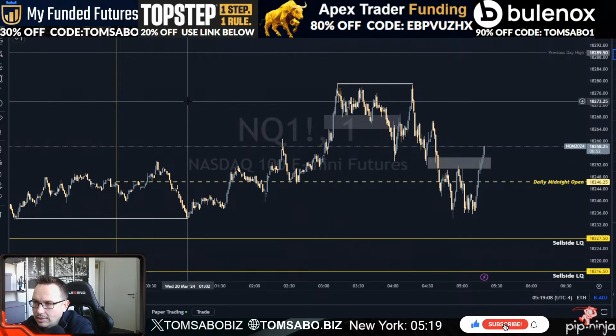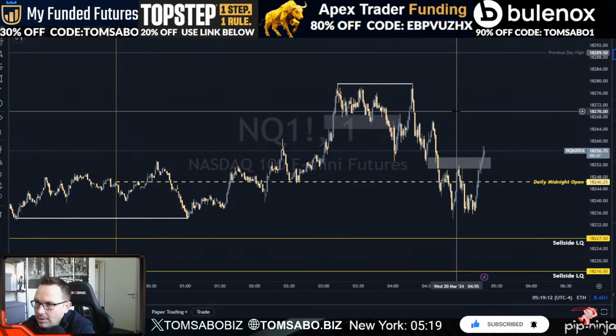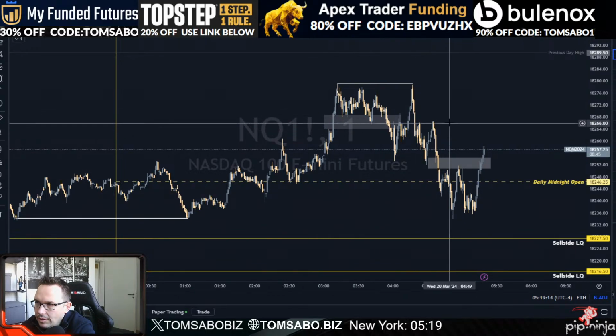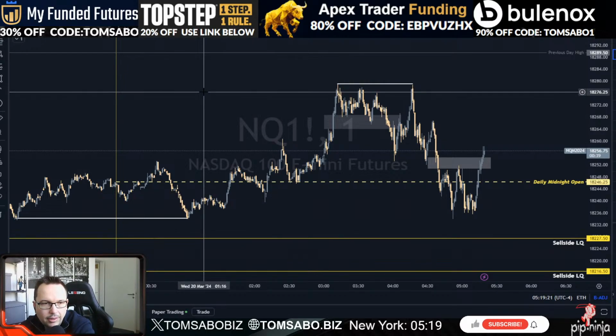This is the only place where there is some reasonable liquidity. If we're going for internal liquidity, then that high would be a reasonable target at 66. So it's 10 points.